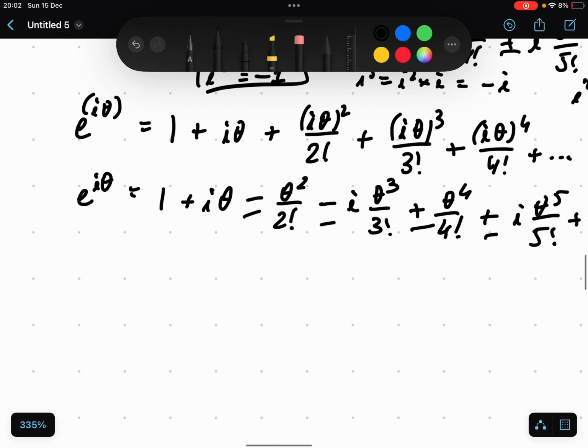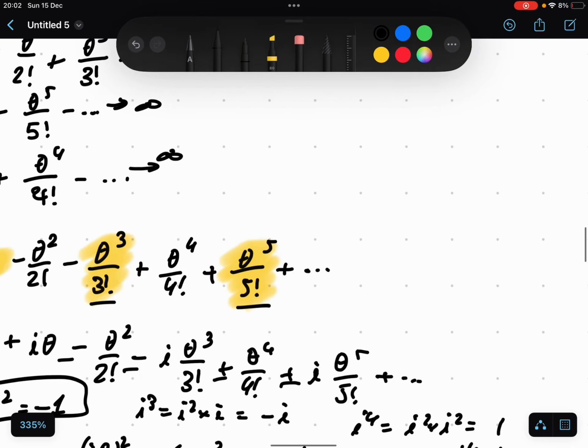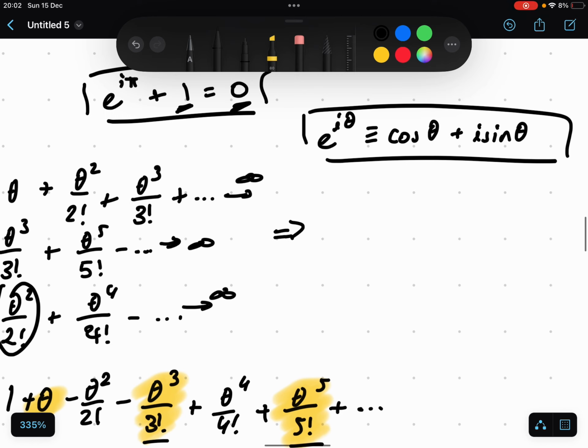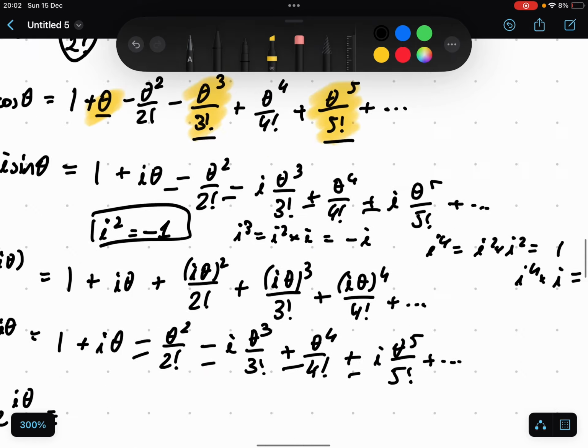So what we can say is e to the i theta not only equals, but is identical. This works for all theta. We need to understand that these Maclaurin expansions work for all real x. So this is an identity.